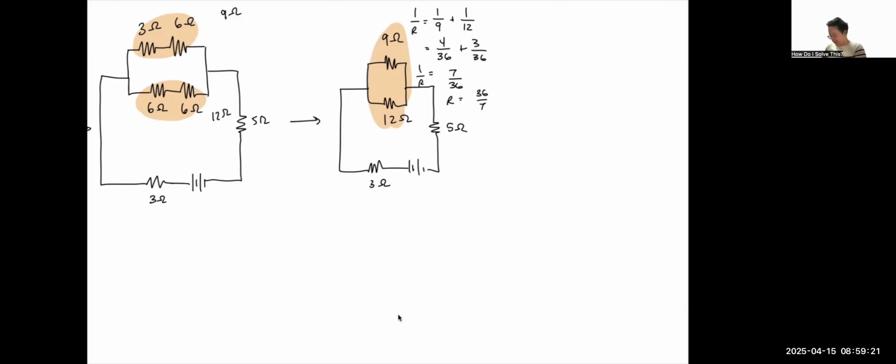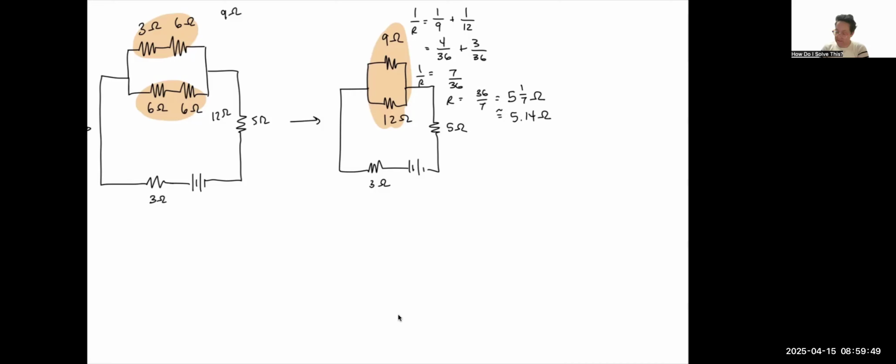I did mention that the numbers were going to end up a little rough today. So for those of you keeping track at home, that should be 5 1/7 ohms or 5.14-ish ohms.